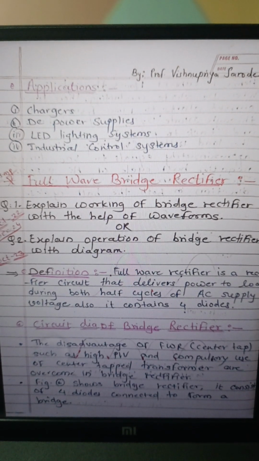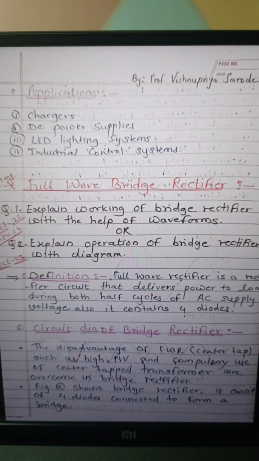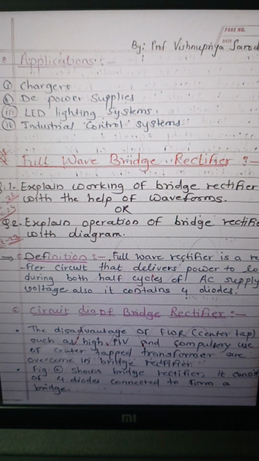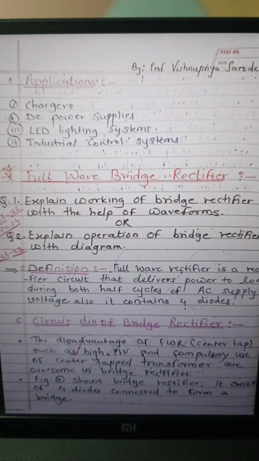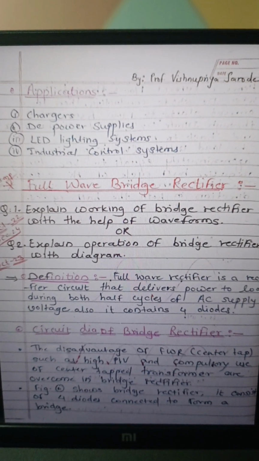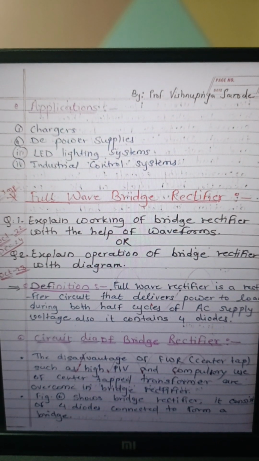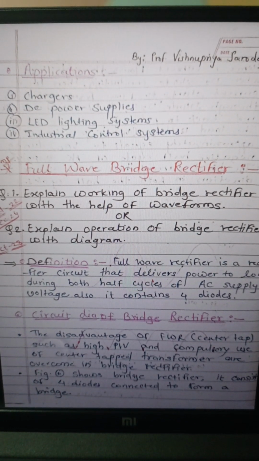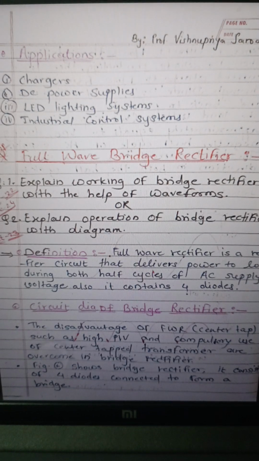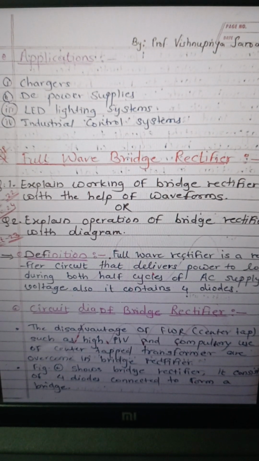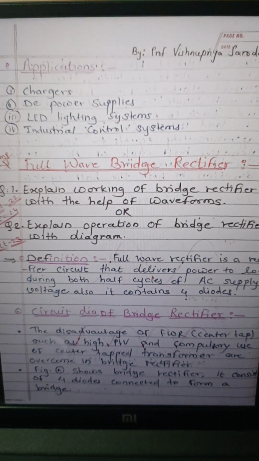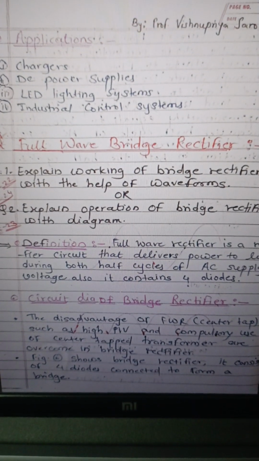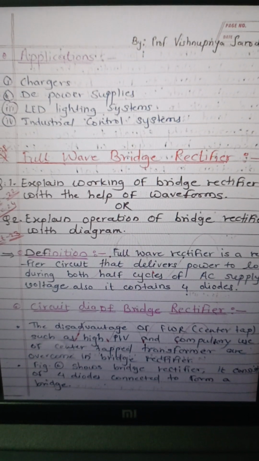And a high PIV rating is necessary for the center tap rectifier, but no need to increase the PIV rating in the bridge rectifier. So these are the main advantages of the bridge rectifier. No center tap necessary, no high PIV rating is necessary. Okay, PIV means peak inverse voltage.